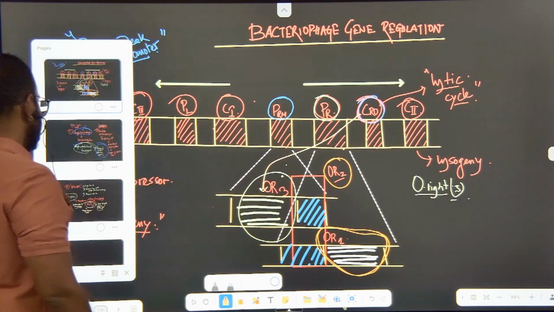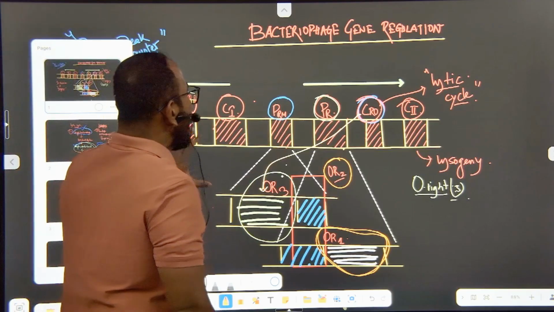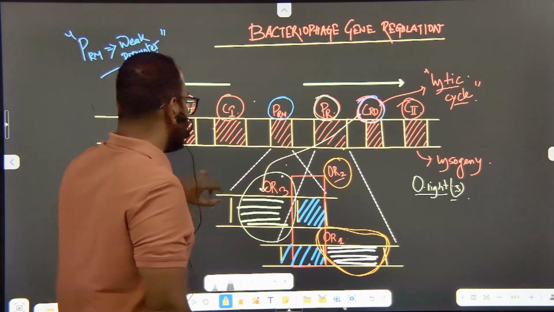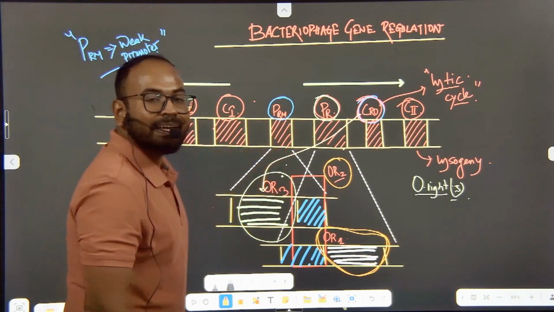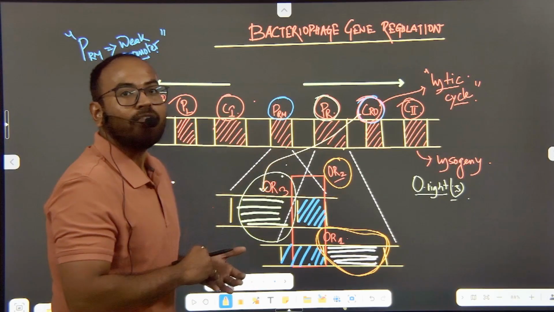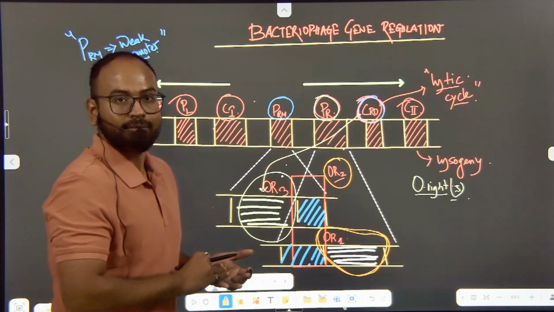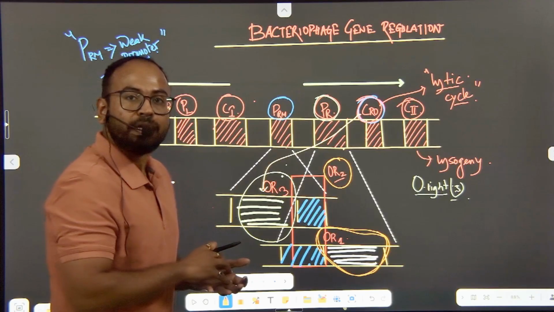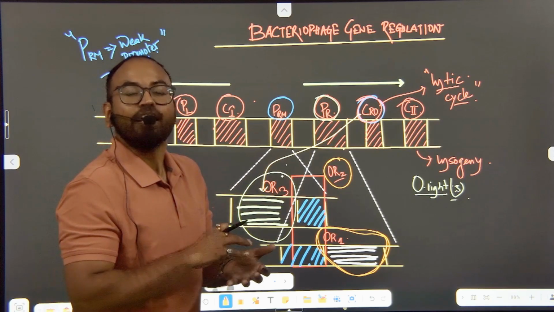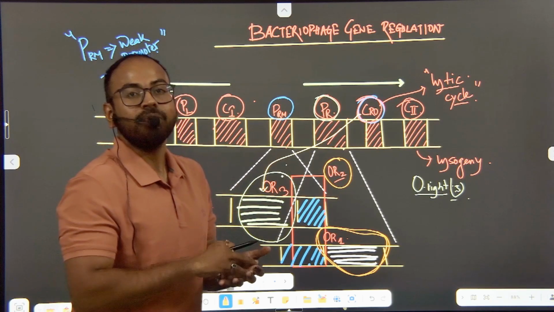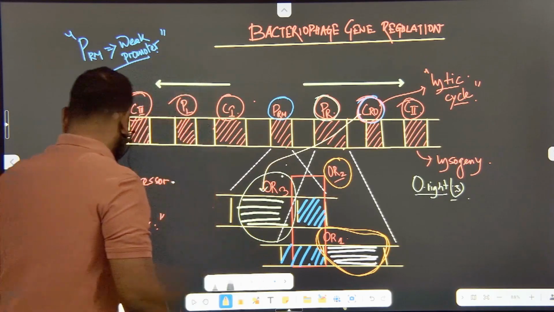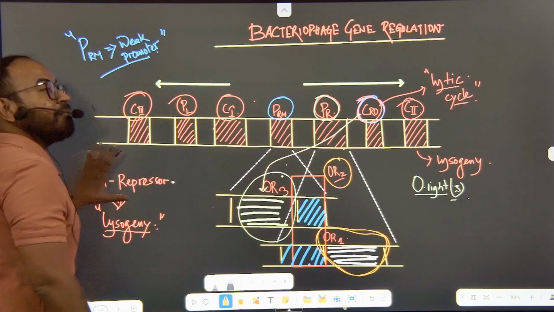But the binding of CRO with OR3 also hinders the binding of a crucial protein associated with lysogeny, that is C1, which is also called lambda repressor.